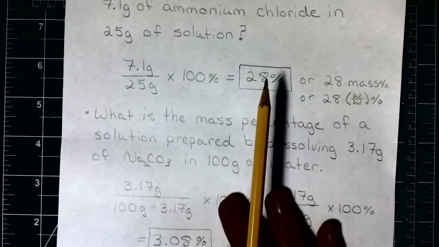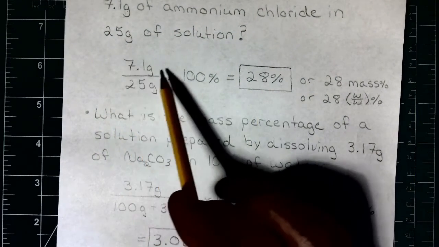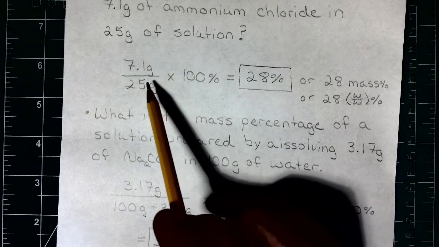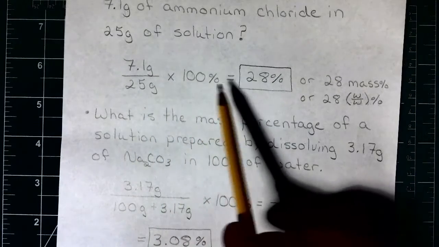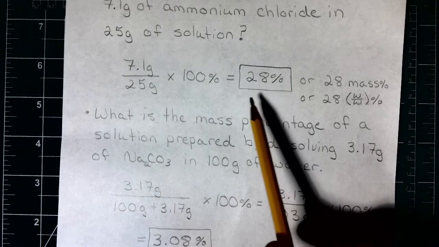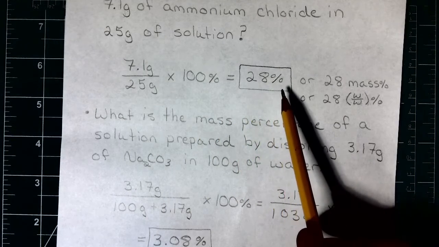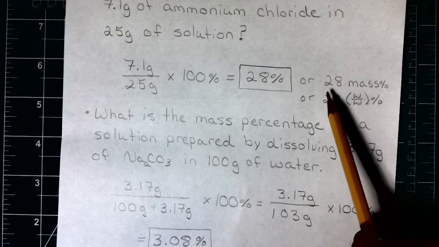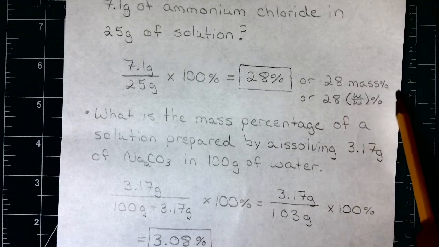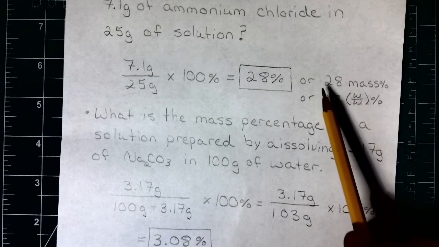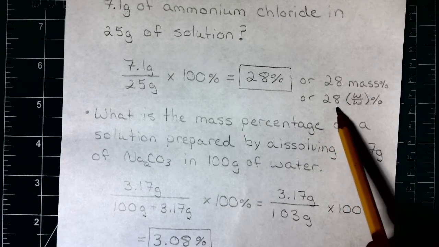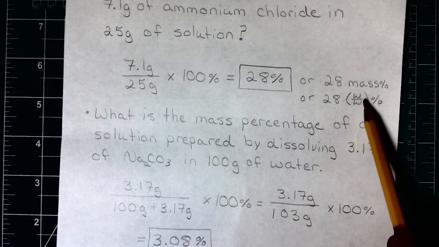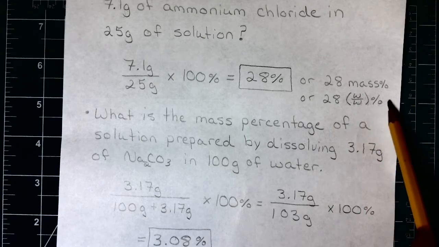To calculate this, we're going to take the mass of our solute, divide it by the mass of solution, and multiply that by 100% because it is a percentage. We see that that is equal to 28%, which we could also write as 28 mass percent to make it clear that this is a mass percentage. Another way that you're going to often see this written is 28 W over W, which stands for weight over weight percent.